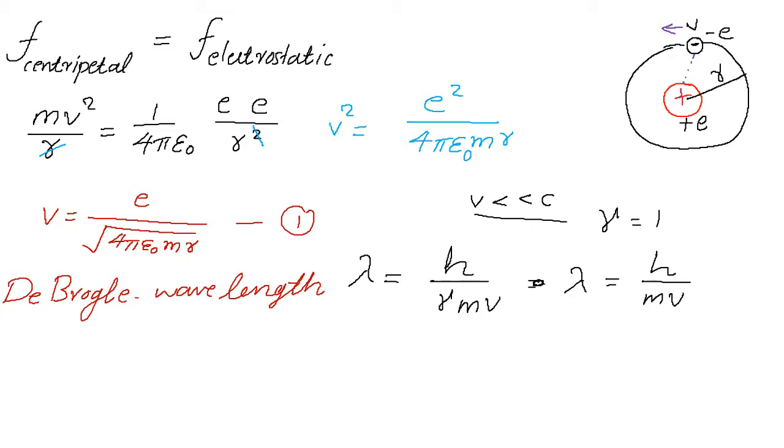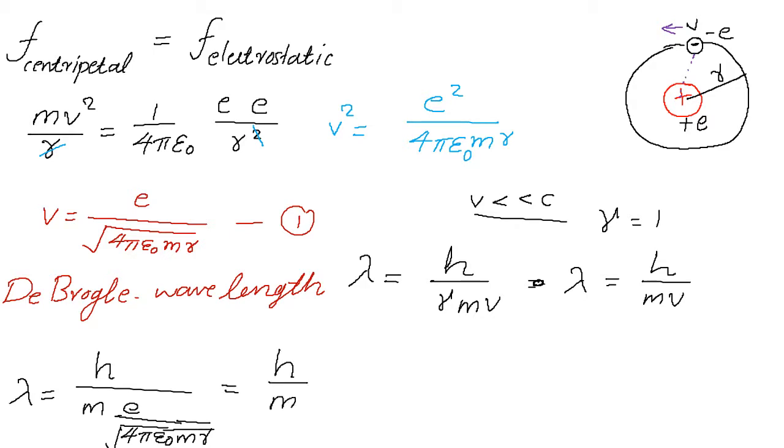Substituting, we'll get lambda equals h divided by, here you have one m, then I'm going to substitute V. V is E divided by root of 4 pi epsilon 0 mr. So this can be written as h divided by m into E divided by root of 4 pi epsilon 0 mr.